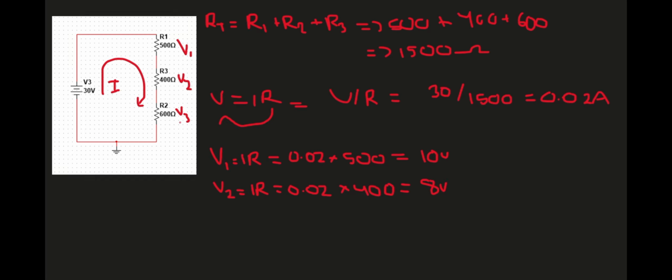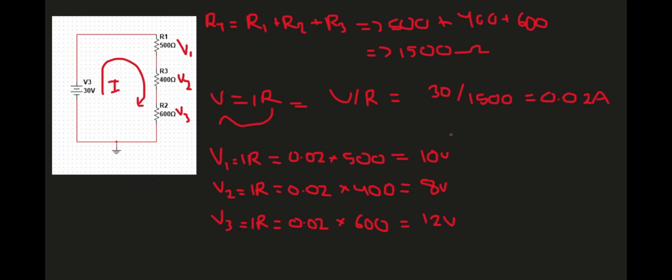And to find the voltage at this resistor, V3, we use the same formula, and we do 0.02 amps times 600, and that will give us 12 volts.